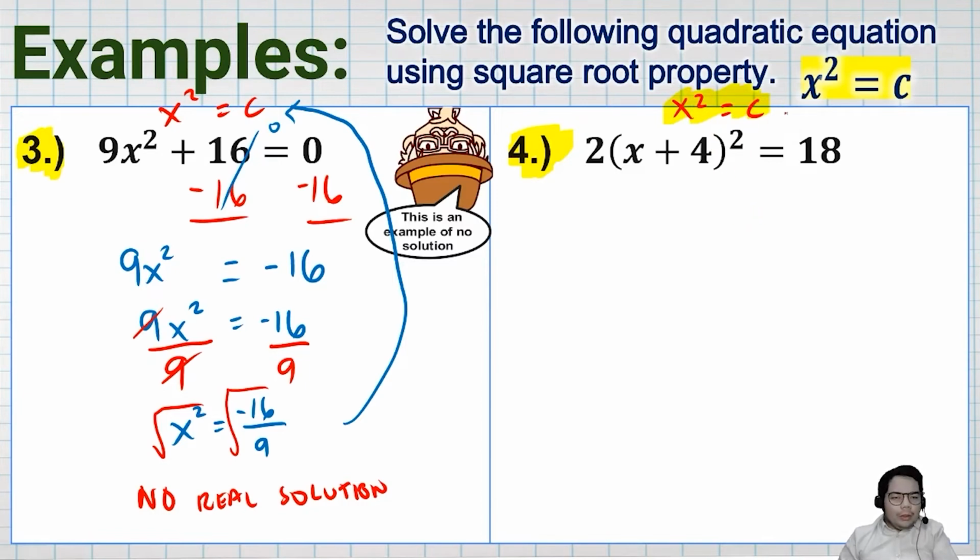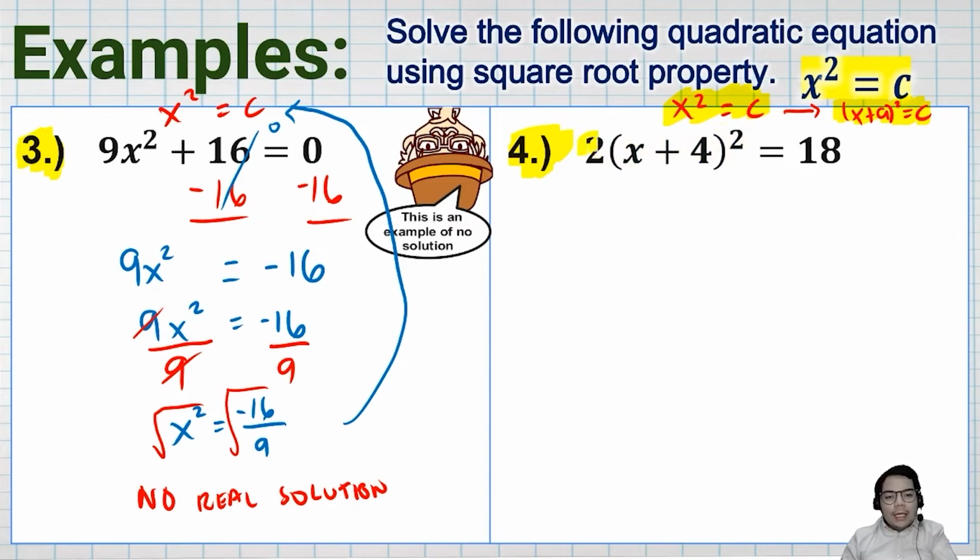But, don't you know that it can also be x plus a quantity squared is equal to c. Pwede rin yan. So, ang goal natin dito kay number 4 ay matira lang itong nandito sa parenthesis para mukha siyang x plus a quantity squared is equal to c. Pwede rin tayo mag-square root property dyan.